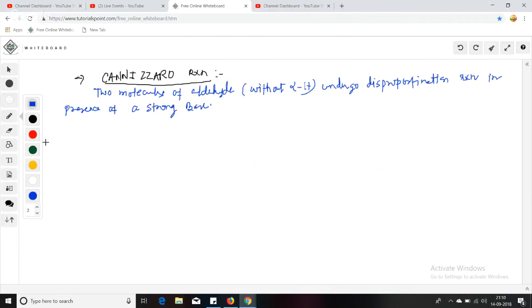Suppose the first example, if I write here, I'm taking HCHO plus HCHO, two molecules of this, no alpha hydrogen. The reagent we are using here, suppose NaOH. One molecule gets oxidized, and that will be HCOONa, the salt of the acid, and the other one will give you alcohol, that is CH3OH.